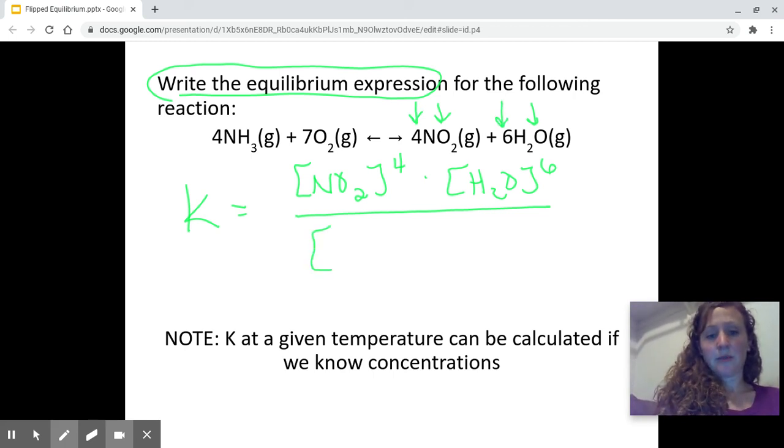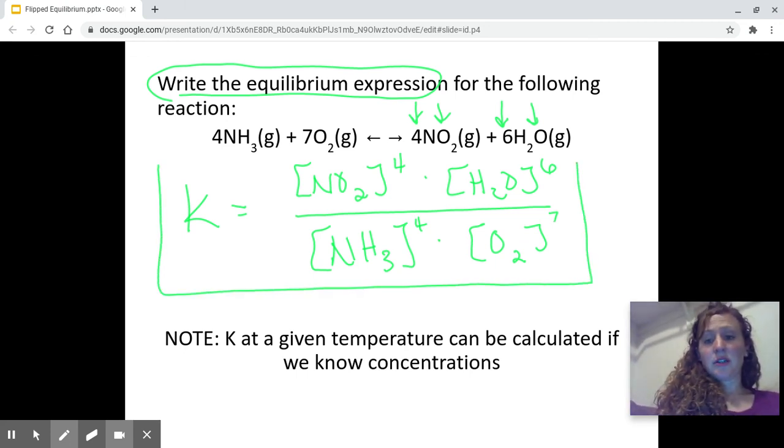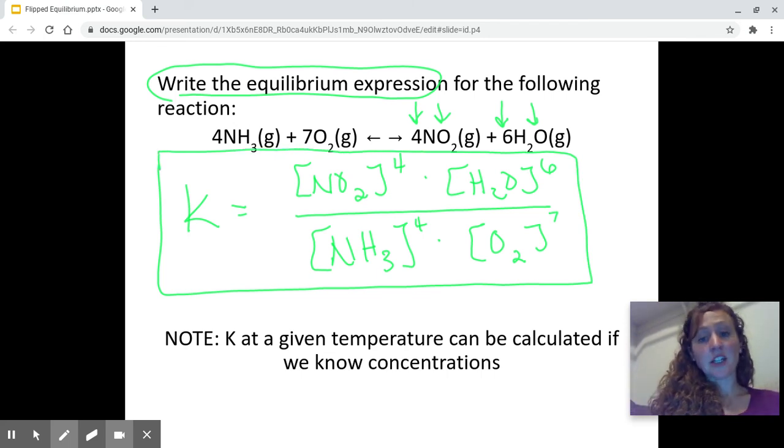On the bottom, I do something similar: concentration of ammonia to the 4th times concentration of oxygen to the 7th. So this would be my equilibrium expression, my equilibrium constant, my law of mass action for this specific reaction.